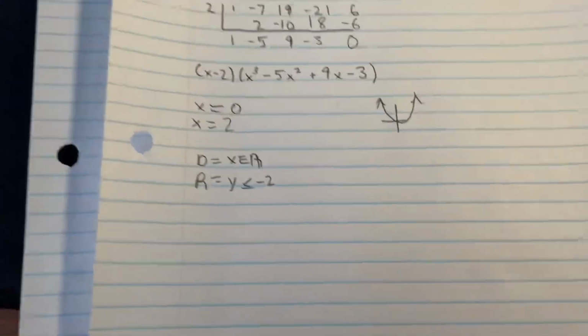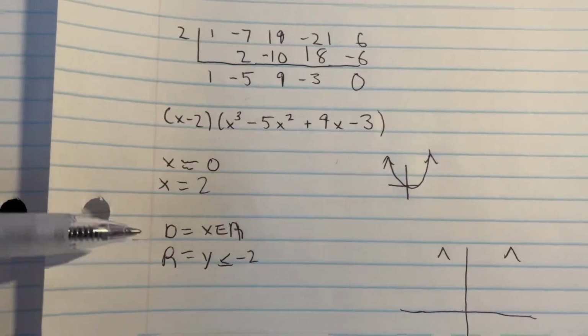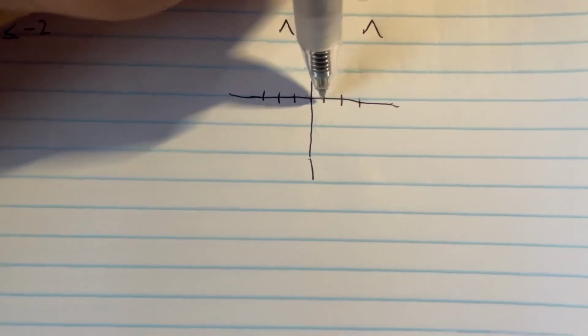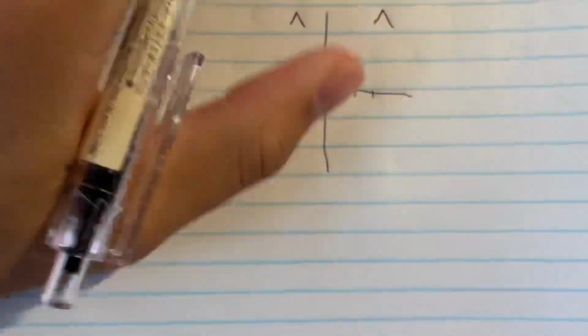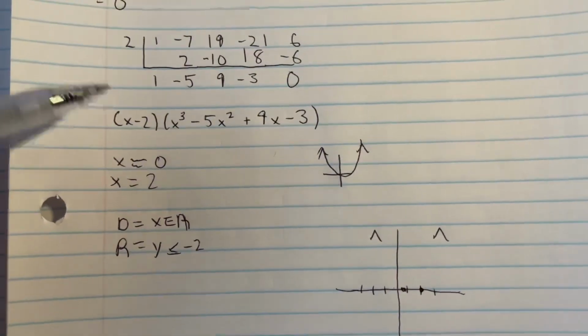So next was to sketch the graph. We draw a little graph here, and we know what the end behaviors are, so we can put these there. We know that we have an x-intercept close to 0 and one at 2. You can estimate, so there's going to be a point somewhere close to 0, and then there's one at 2.